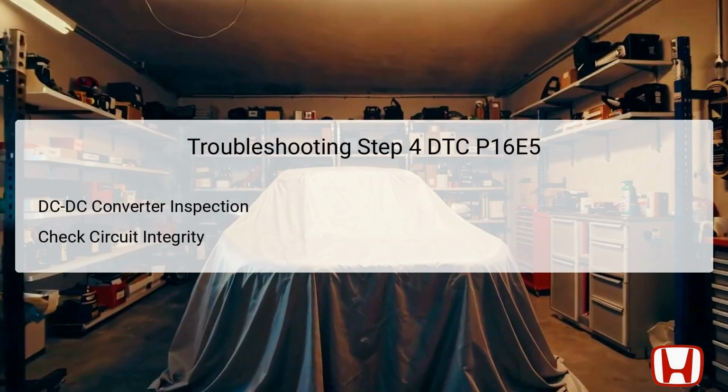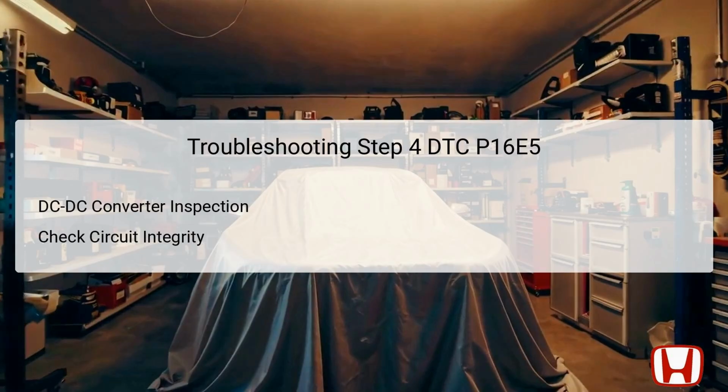The fourth troubleshooting step requires inspecting the DC-DC converter itself and ensuring its circuit integrity. Since the DC-DC converter directly influences voltage supplied to the PCM and several other components, any failure or abnormality here can result in communication errors.